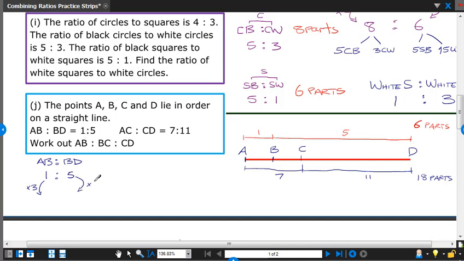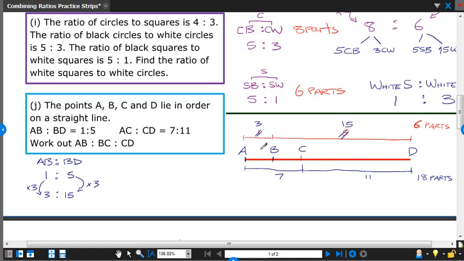And let's see how that helps us. 3 times 1 is 3. 3 times 5 is 15. Okay, that's 18 parts in total. So we know that that's 3, so let's cross that off, and that this is now 15.